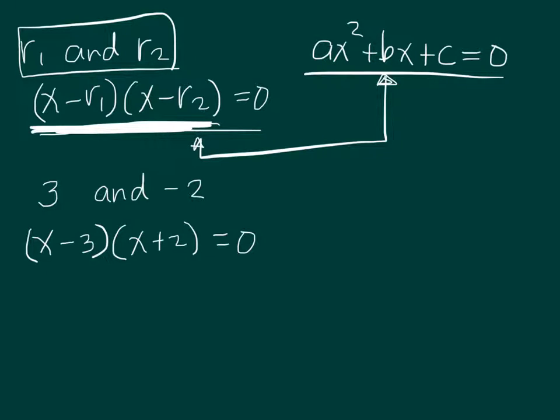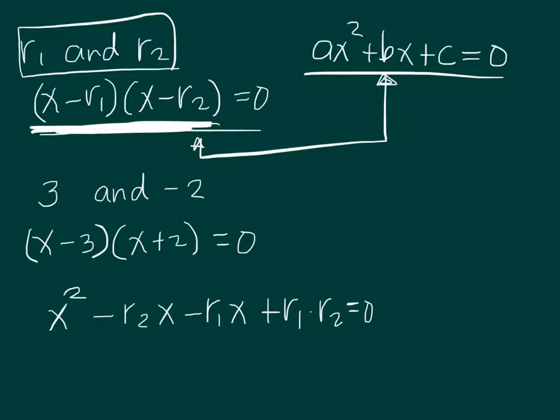Okay, so if I expand x minus r1 times x minus r2 equal to 0, there are many ways to expand this. It should lead us to x squared minus r2x minus r1x plus r1 times r2 equal to 0. Again, there are many ways that you could expand this.